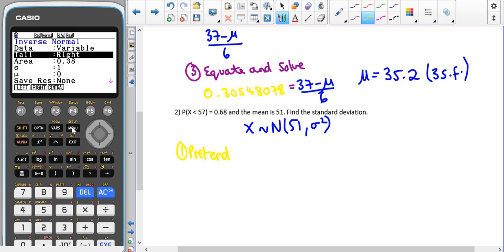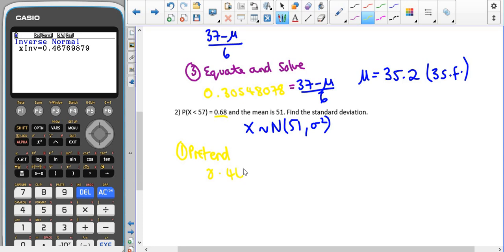This time our tail would be going to the left. Our area would be 0.68 from here. The standard deviation is 1 and the mean is 0 because we're pretending it's the standard normal, which gives us 0.46769879. Remember, don't round at this point.